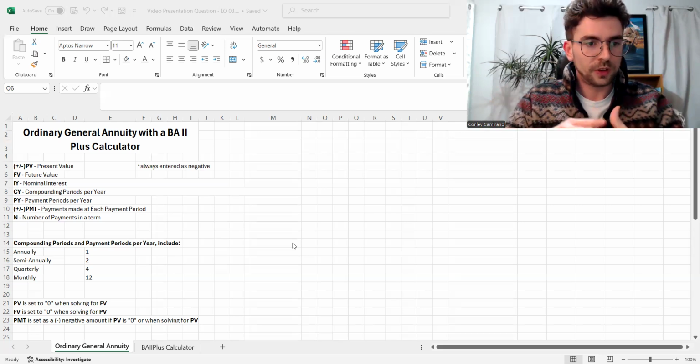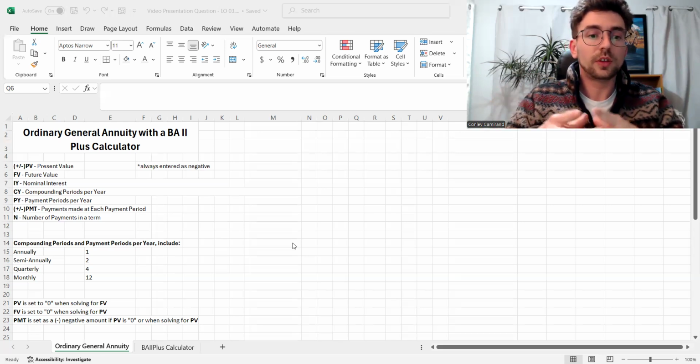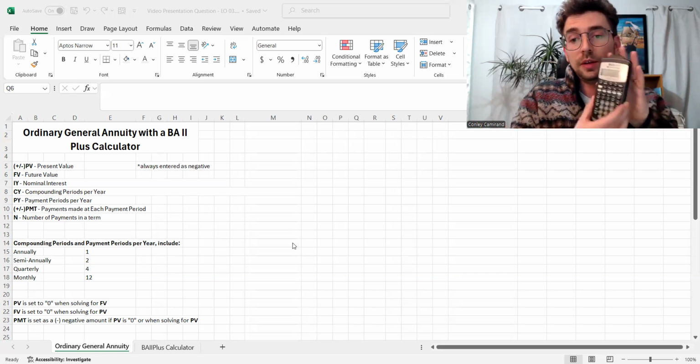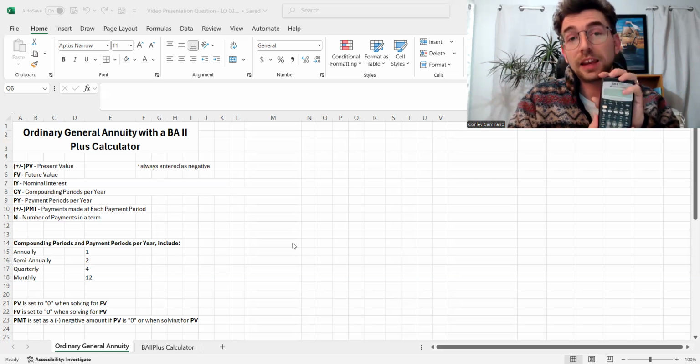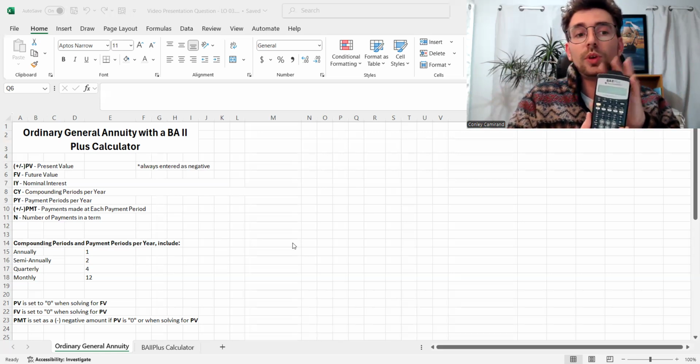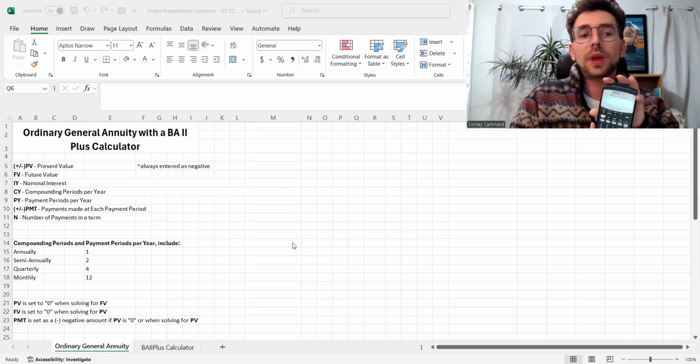The other thing to look out for is that present value will always be entered in the BA2 Plus calculator as a negative. If we don't have a present value amount, if it is zero, or if we are solving for PV, then payment will be entered as a negative.